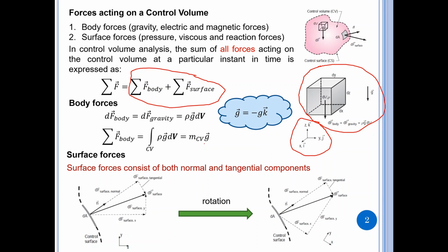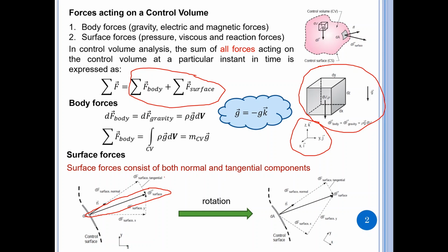Now let's talk about the surface forces. For example, this is the surface force acting on the control volume. We can make two components of this surface force: a normal component and a tangential component.